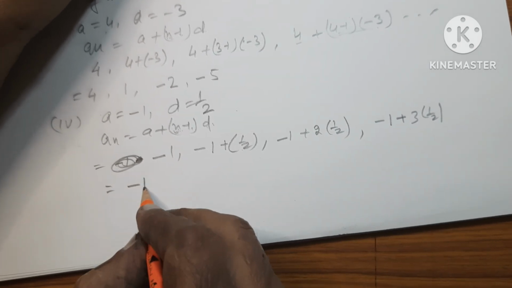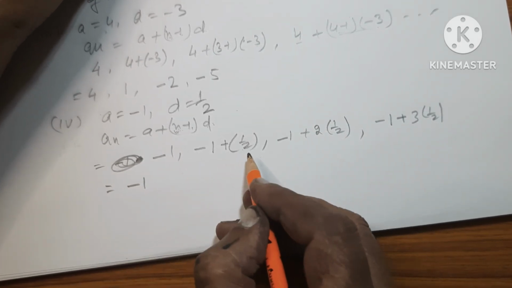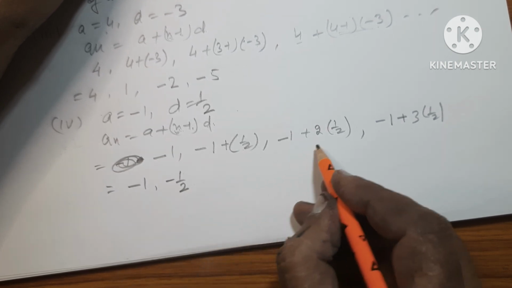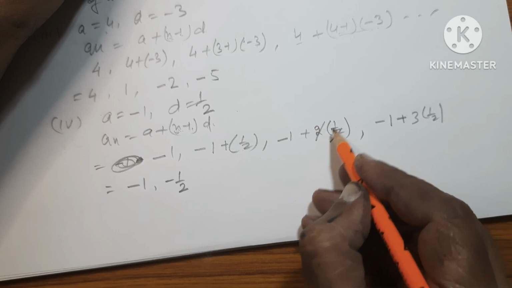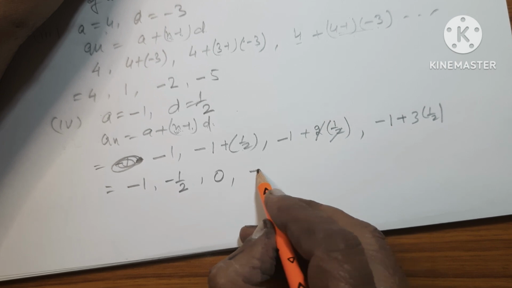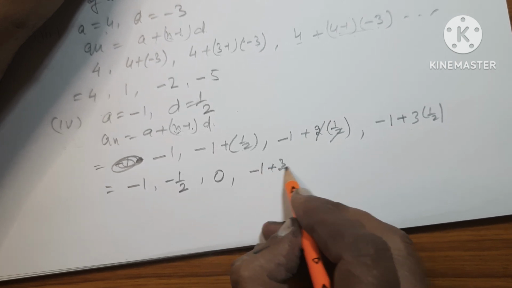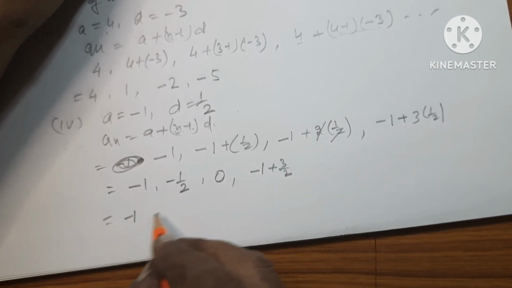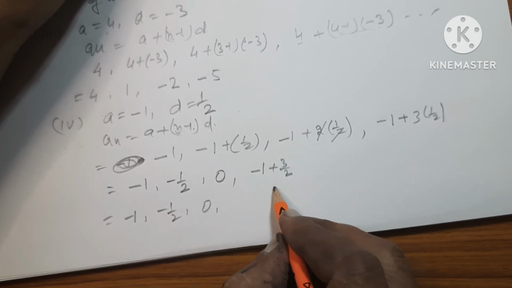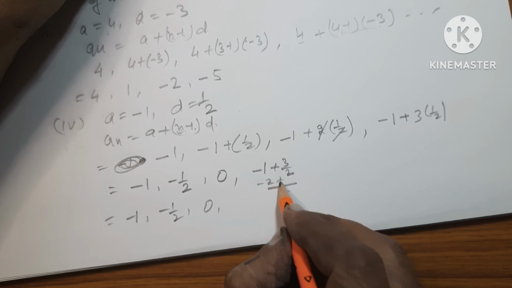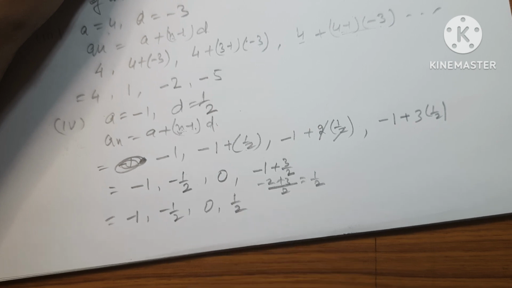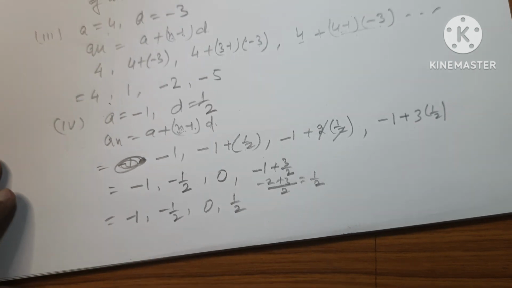Minus 1 plus half is equal to minus half. For the third term, this cancels, it is 0. The fourth will be minus 1 plus 3 by 2; the LCM will be 2, minus 2 plus 3, it is equal to 1 by 2. So these are the 4 terms.